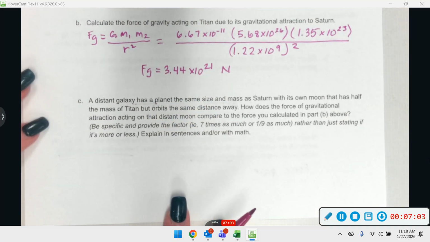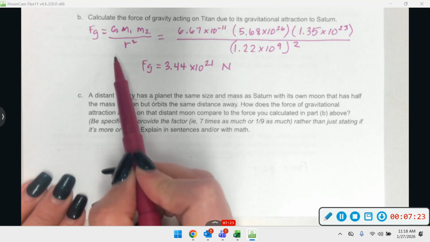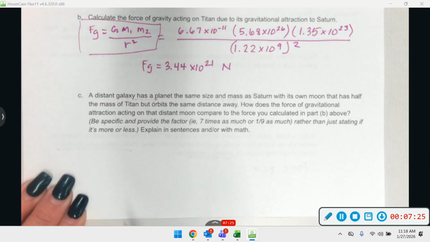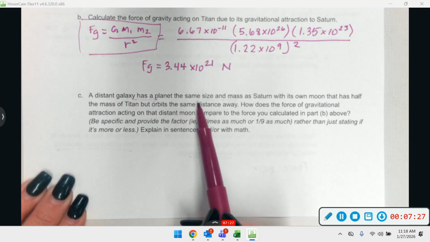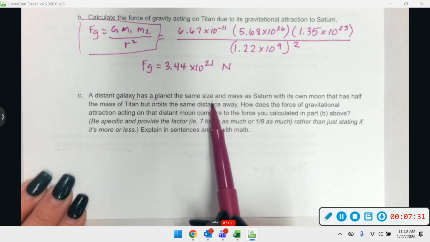Okay, the next question says, a distant galaxy has a planet the same size and mass as Saturn, with its own moon that has half the mass of Titan, but orbits the same distance away. How does the force of gravitational attraction acting on that distant moon compare to the force you calculated in part B above? So basically it's telling us, hey, we're going to use this same equation to analyze a new scenario, but that the size and mass of the planet is exactly the same, and it orbits the same distance away.